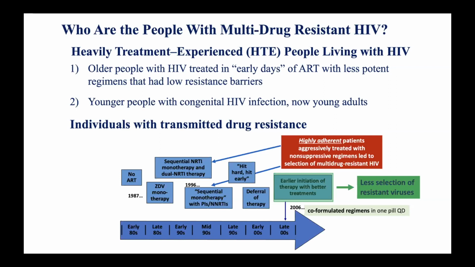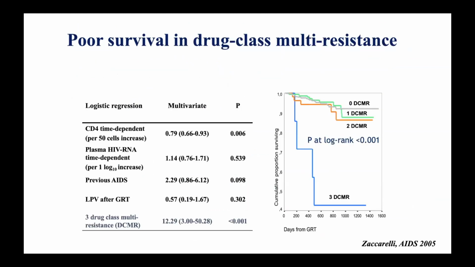And also we should not forget about younger people that acquired the infection congenitally by vertical transmission, and particularly also individuals in whom transmitted drug resistance has occurred. Why is multi-drug resistance important?